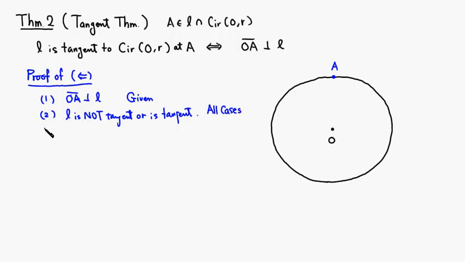And 3, I'm going to assume, what if it's not tangent? So assume that L is not tangent.